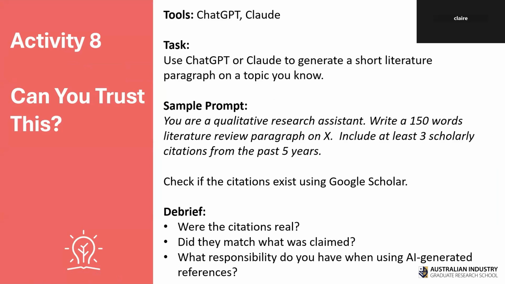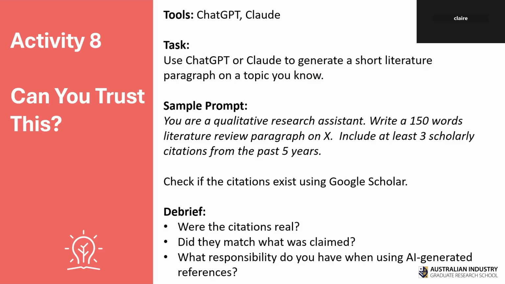So for example, telling it you're a qualitative research assistant, asking it to write a 150-word literature review paragraph on a particular topic, including at least 3 scholarly citations from the last 5 years, for example, and then checking if those citations exist in Google Scholar. So again, what we can see here is back to the question of hallucinations.